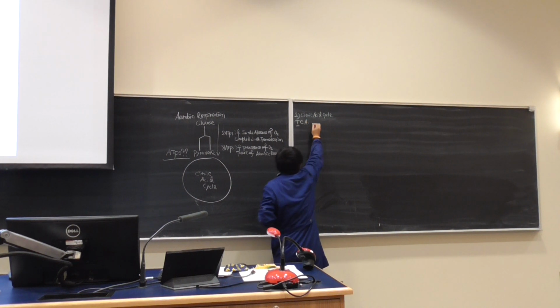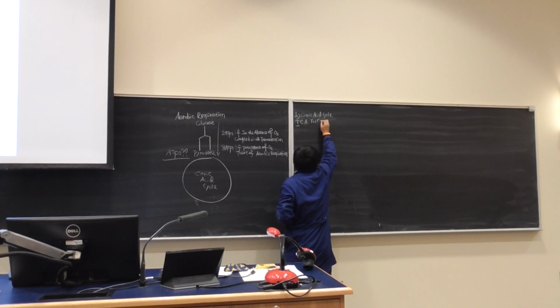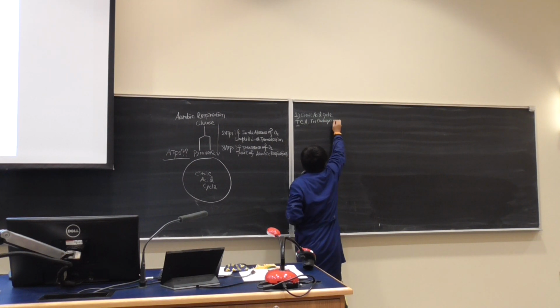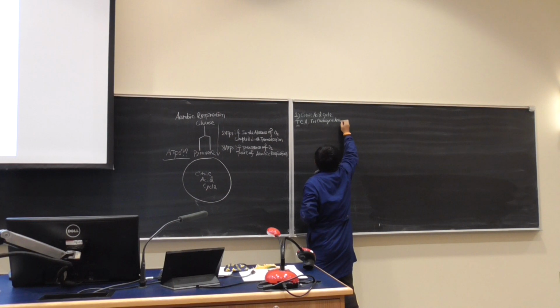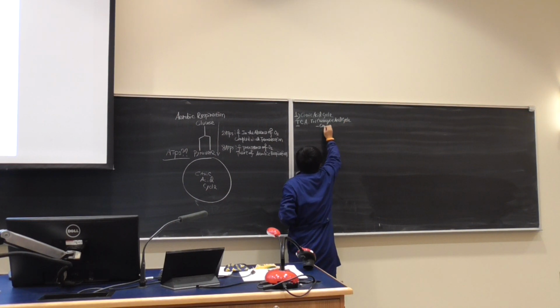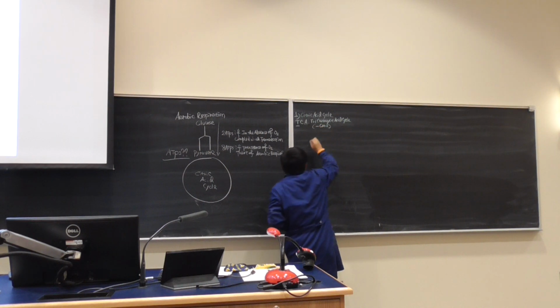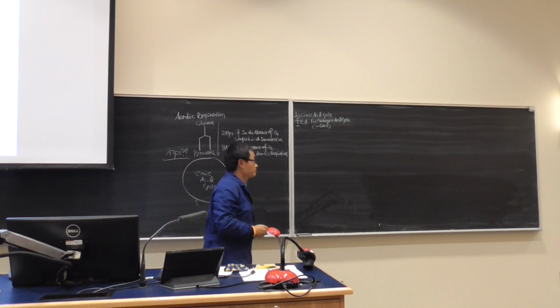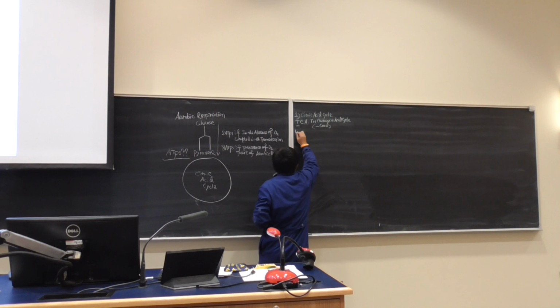What does this mean? Tricarboxylic acid cycle, because most of these are COOH; you will see a lot of carboxylic acids. There's another name, the Krebs cycle. What does that name come from?